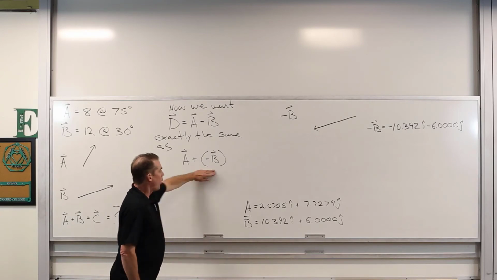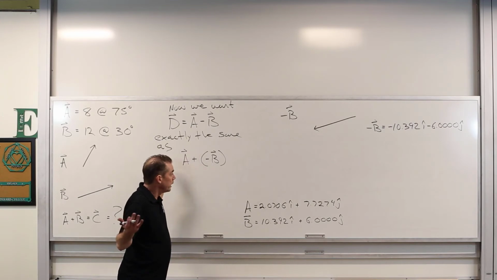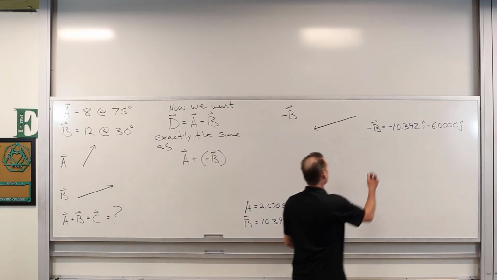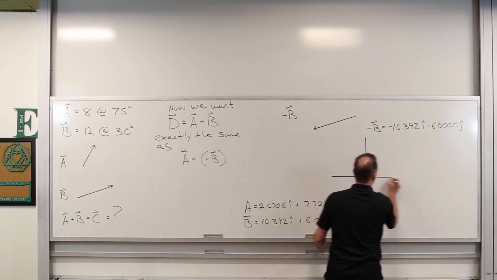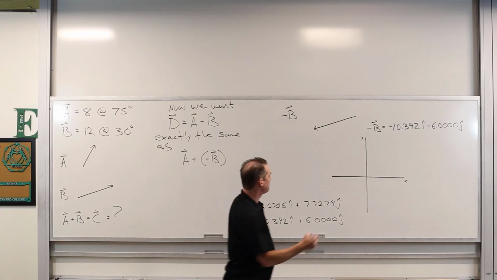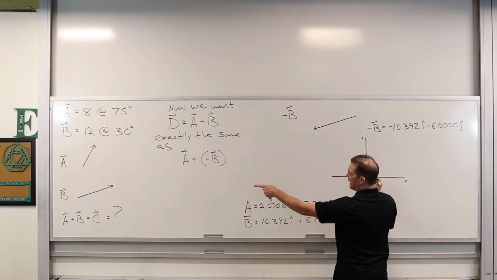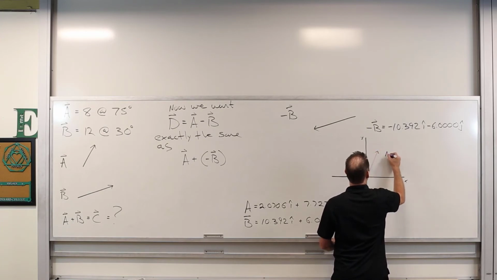So when we go ahead and start looking at this, let's look at it graphically first, and then we'll put the math together. See what we're actually doing here. We've got an x, we've got a y. We take ourselves a hat, which was 8 at 75 degrees, something like that.